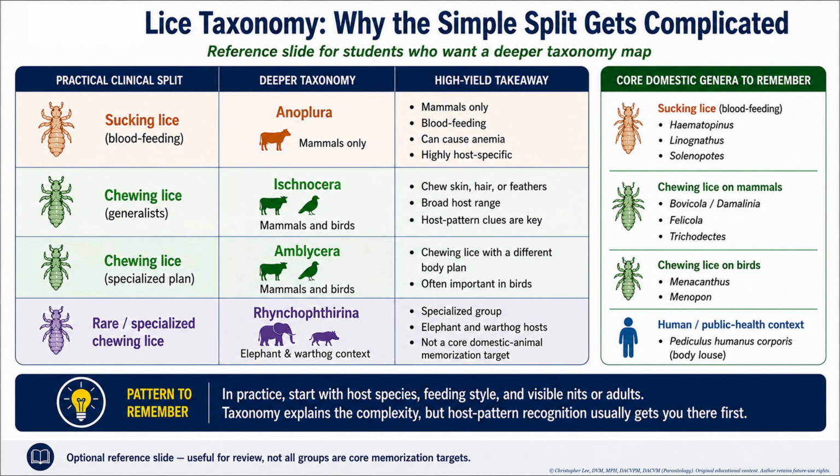Rhyncophthirina is a specialized group, mainly elephant and warthog context. Wonderful if you are at a dinner party with louse taxonomists, not a core domestic animal louse. Always start with the host species, then look at morphology, feeding behavior, and affected body site.